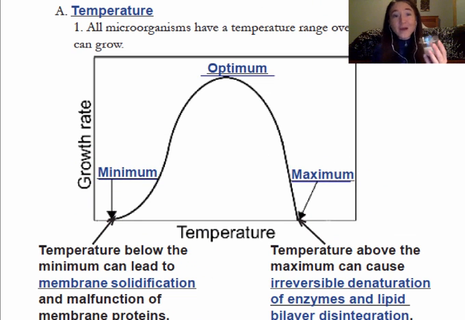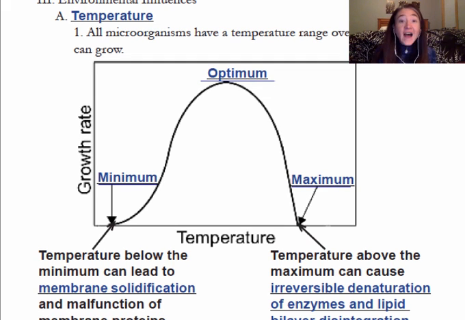So our look at microorganisms in the snow, which is starting to melt now, reminds us that different microorganisms have different temperature ranges over which they can thrive. In fact, there's a roughly 15 to 30 degree range over which microorganisms can grow.